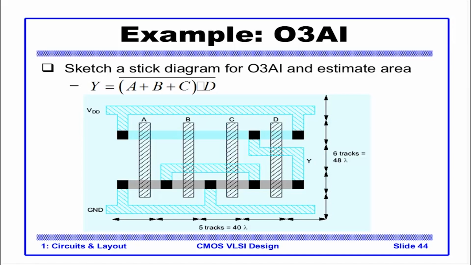So let's review the topics we studied in this chapter. We saw the construction of some complex gates using static CMOS techniques, and static CMOS indeed remains the most popular technique for gate construction. We saw transmission gates, we saw a tri-state inverter.